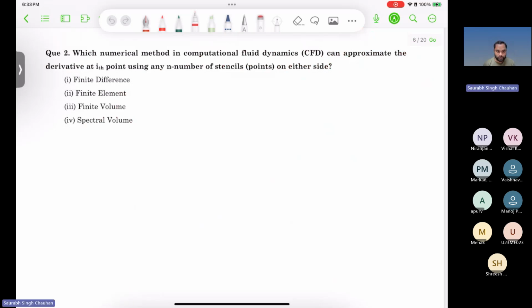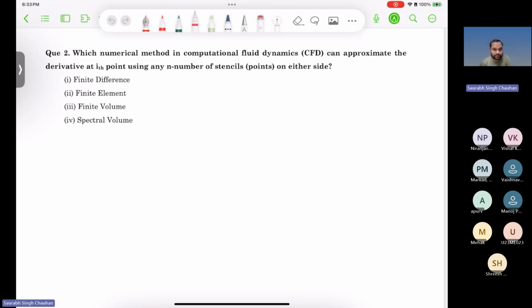Now coming to question number 2. Which numerical method in computational fluid dynamics can approximate the derivative at the ith point using any n number of points on either side? Finite difference. If you have watched the lectures, then it is very easy. If you use more points, you are using a higher order scheme, so the error will be less.